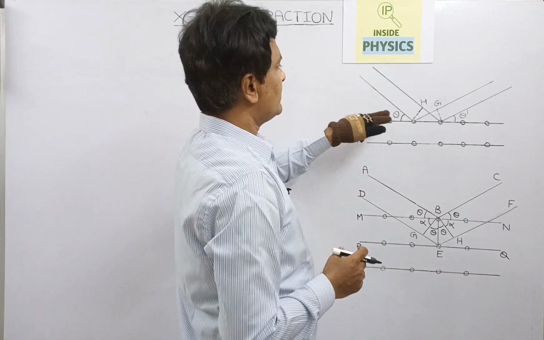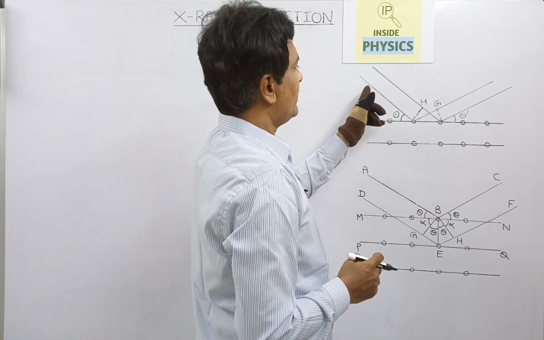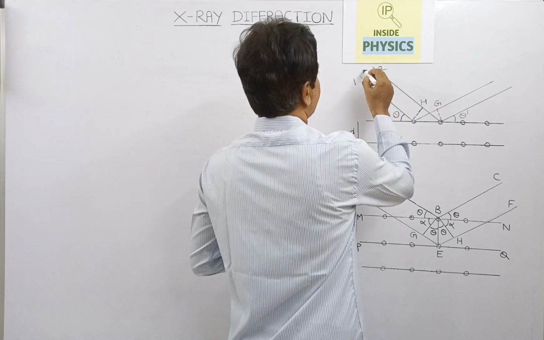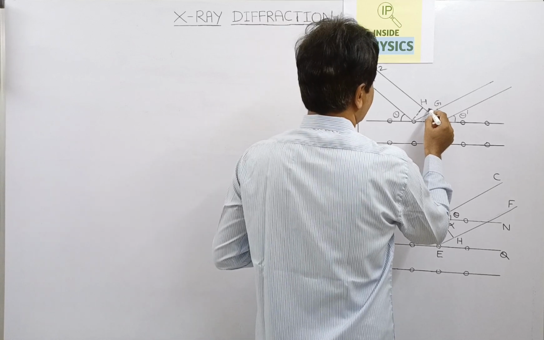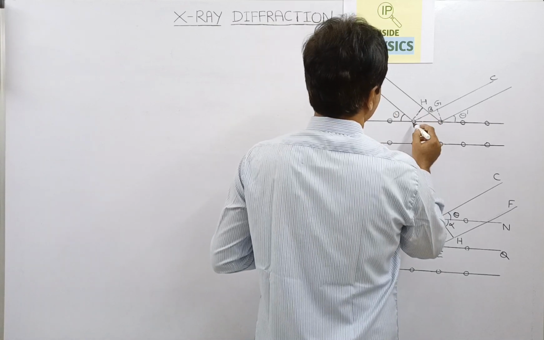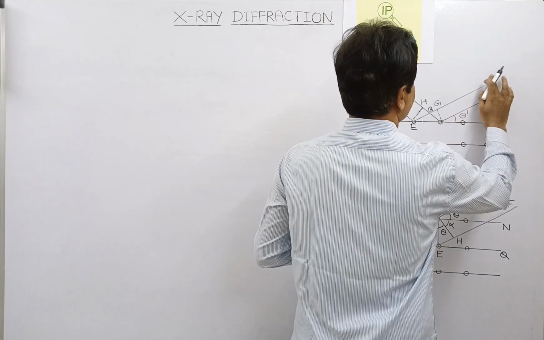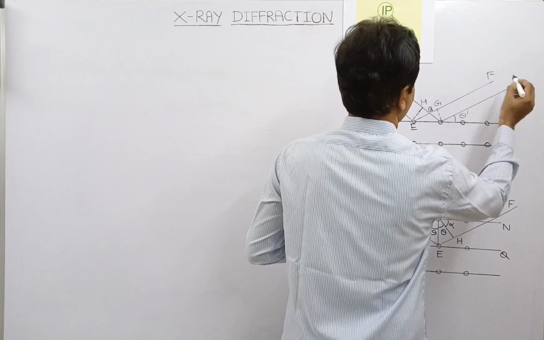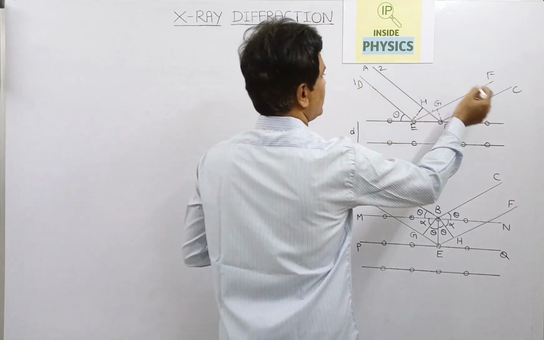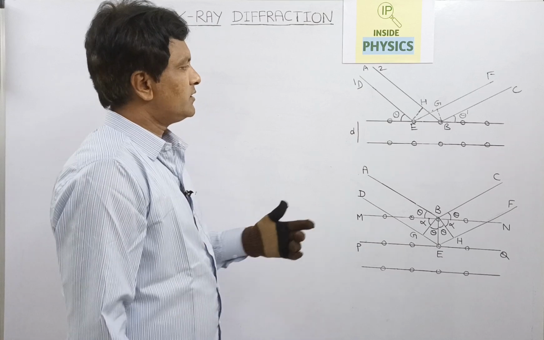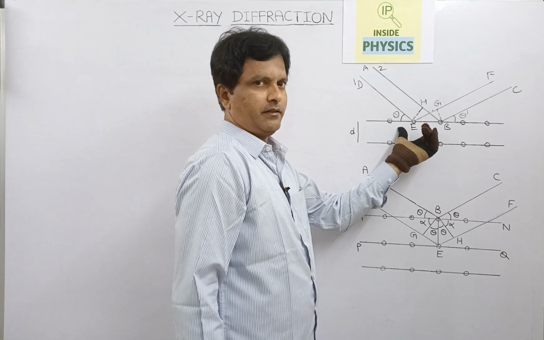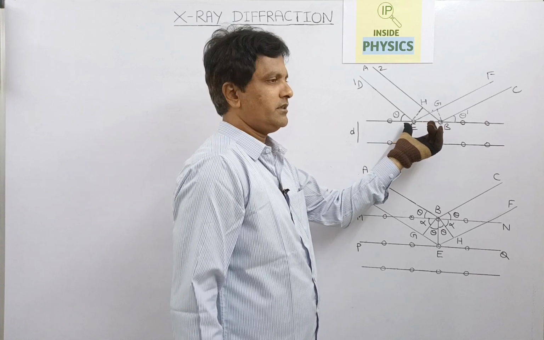So the reflection is happening from the same plane, but the incident lights, if you call them incident light 1 and 2, we can name them A, B, C, D, E, F. So this is a reflection pattern where the reflection is happening from the same plane, with the two lattice sites arranged side by side.